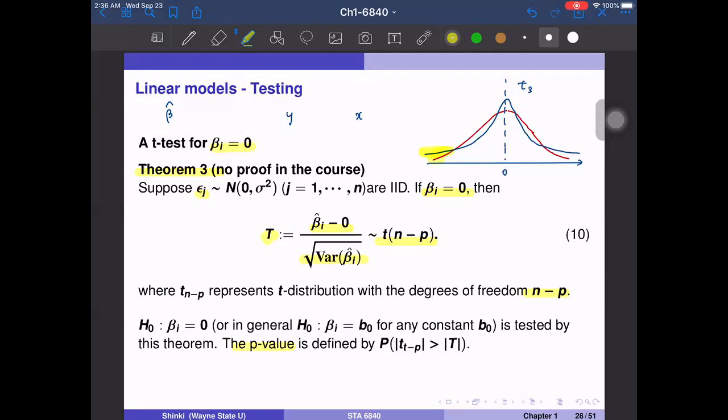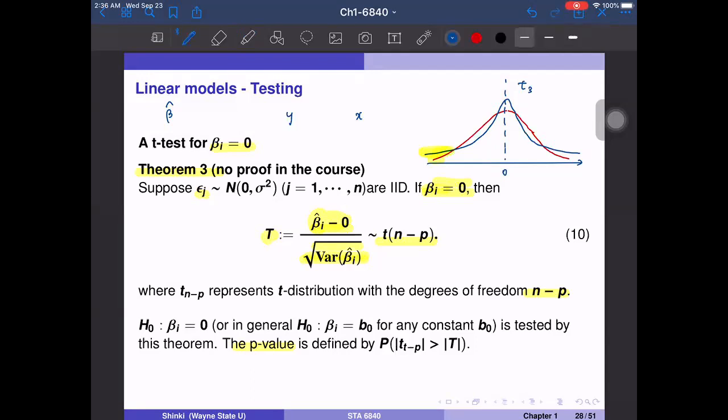So this t statistic is basically beta hat minus 0. If beta hat is far away from 0, we are likely to reject the null hypothesis that true beta i is equal to 0. But of course, it depends on the variability of beta i hat, so we divide this quantity by the square root of the variance of beta hat.